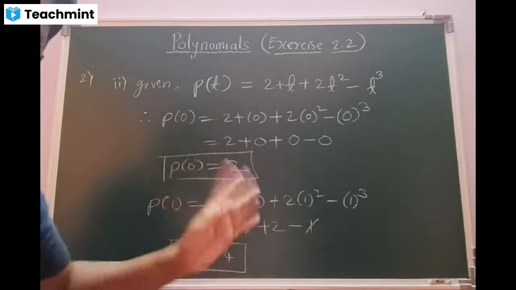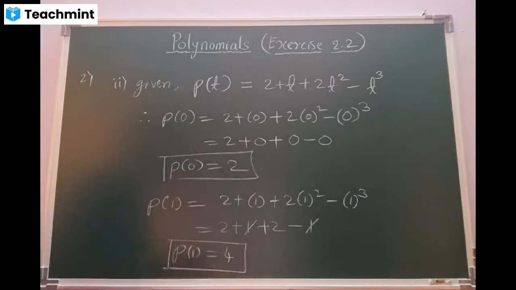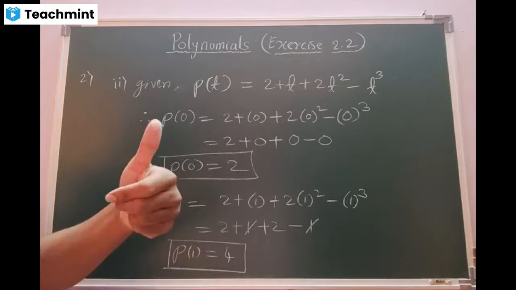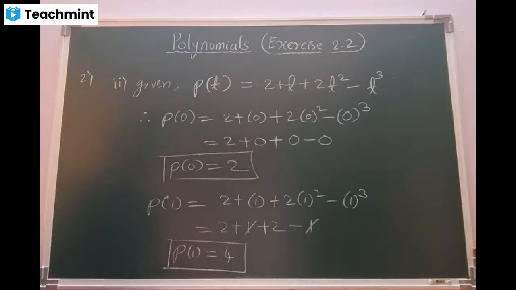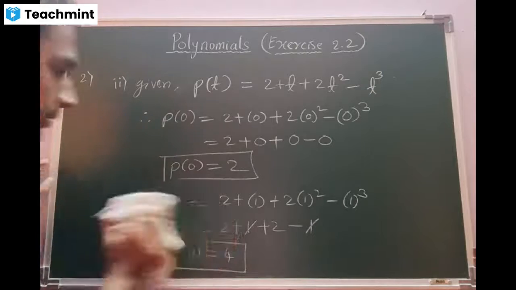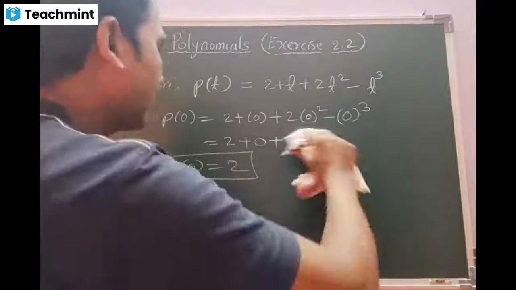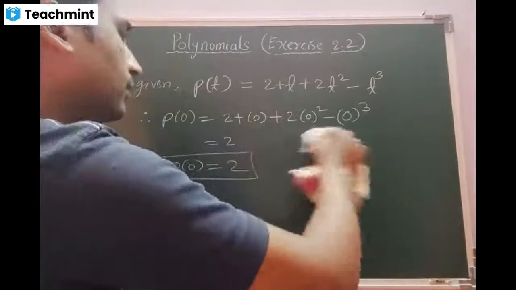Beta, solve the third one, p of 2, and tell me the answer, quick. P of 2. Answer. 4, sir. Beta, let us check what the answer will be.